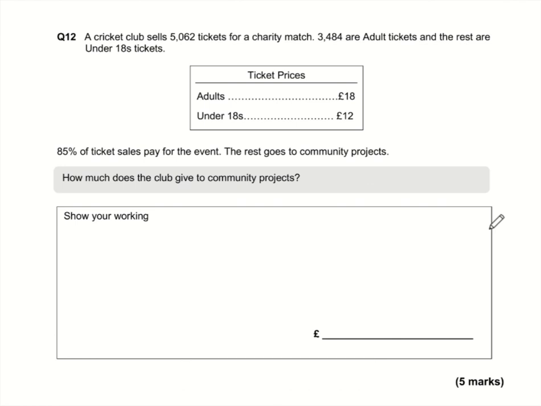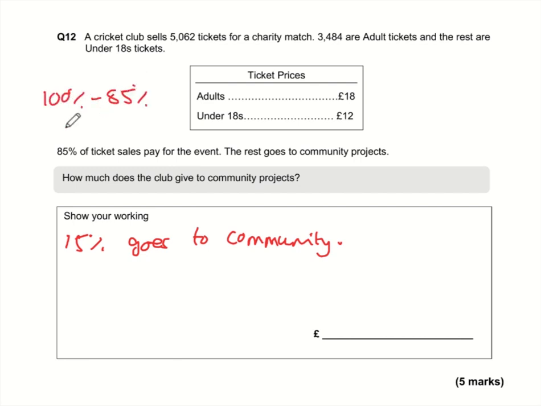Okay, so if 85% pay for the event, then 15% goes to the community projects, because 100% take away 85% is 15%. Okay, so we know that this is the total number of tickets, and this is the number of adult tickets, so the rest are for children.